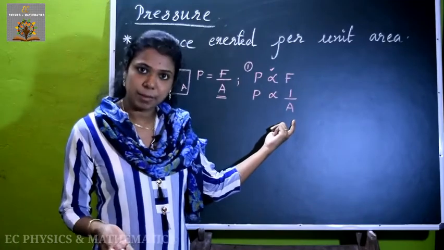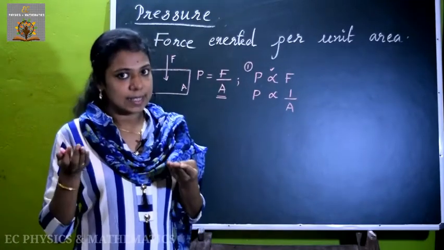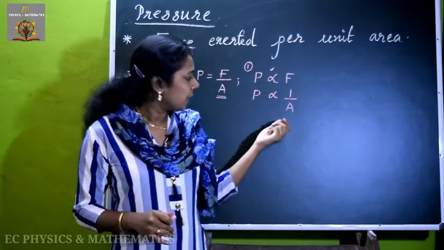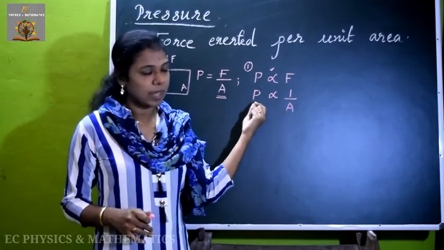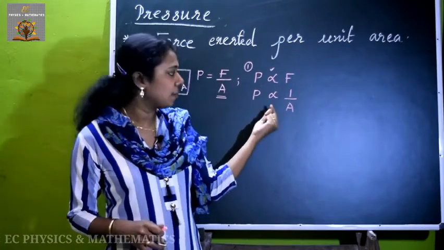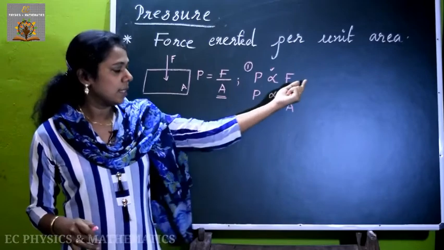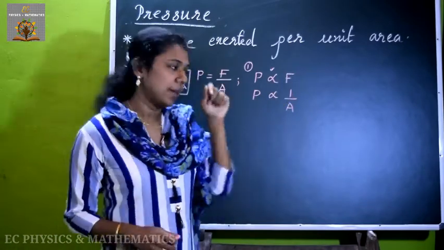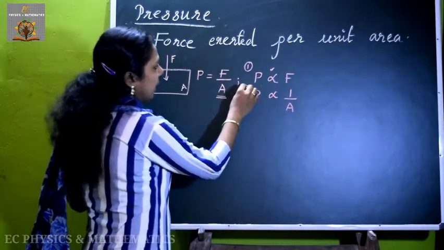Inversely proportional means we are taking the reciprocal. Inversely proportional means if one quantity increases, another quantity decreases. If area is high, pressure is less. If area is less, pressure is high. So these two quantities are the depending factors of pressure. First one is force and second one is area.